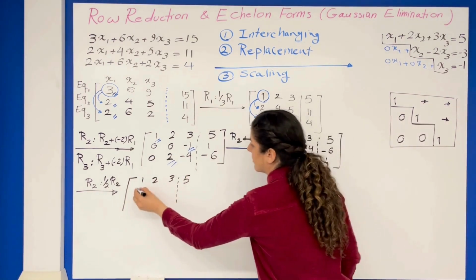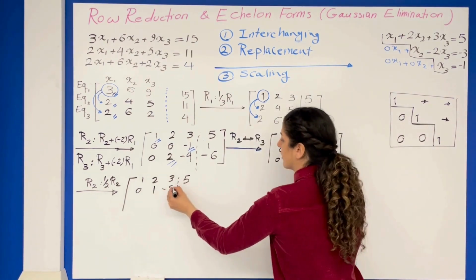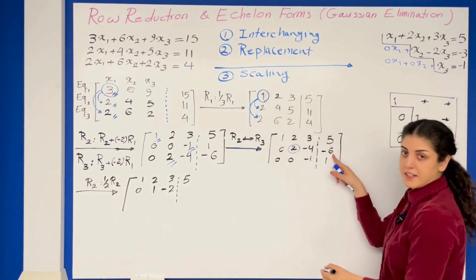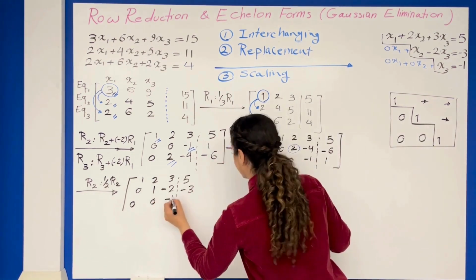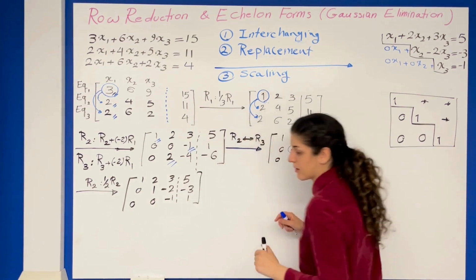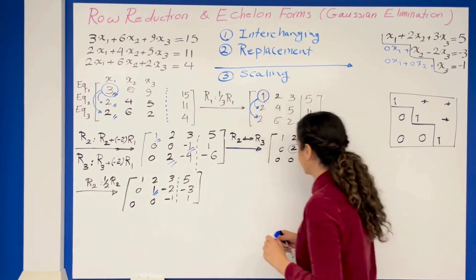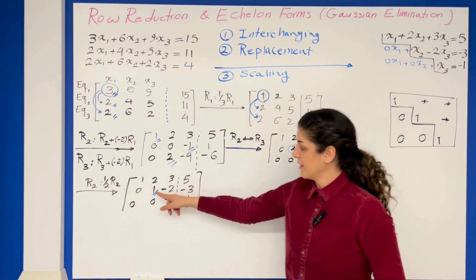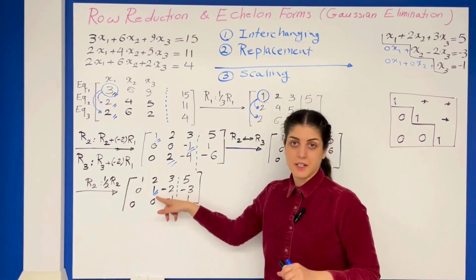So I get 0, 1, negative 2, and negative 3. And I just rewrite the third row. Okay, we are almost done. So look at this leading entry now here. It is 1, and everything under it is 0. Okay, so we are done with this leading entry.